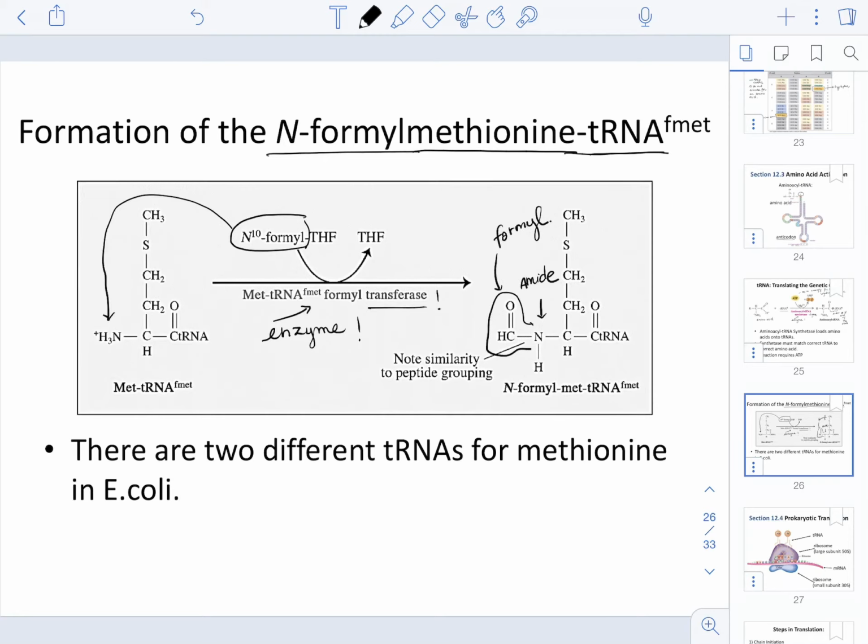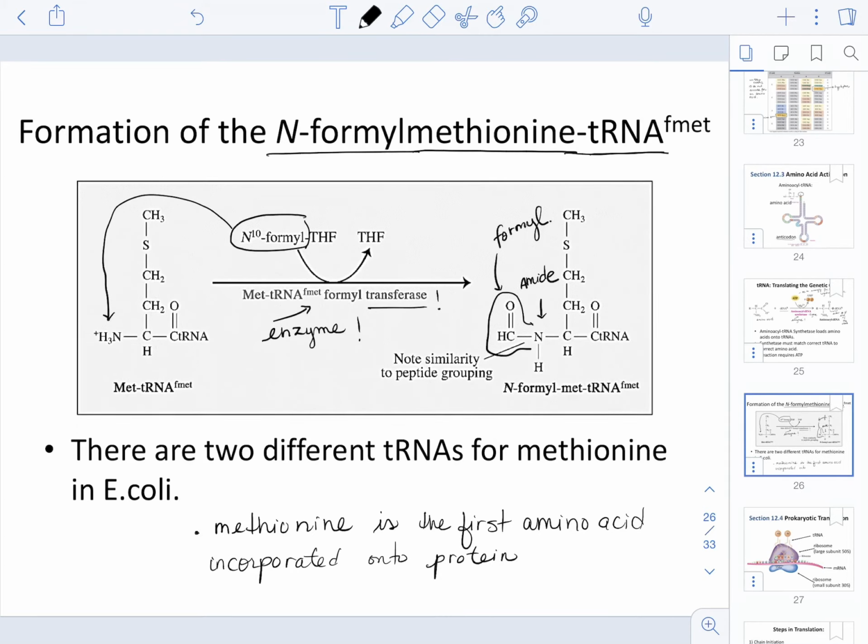If we rationalize why specifically methionine, of all the amino acids, has to undergo this further modification once it is incorporated into the tRNA, it is because methionine, as we're going to see once we describe all the steps, is the first amino acid incorporated onto protein sequences. That's why it's called the start site.